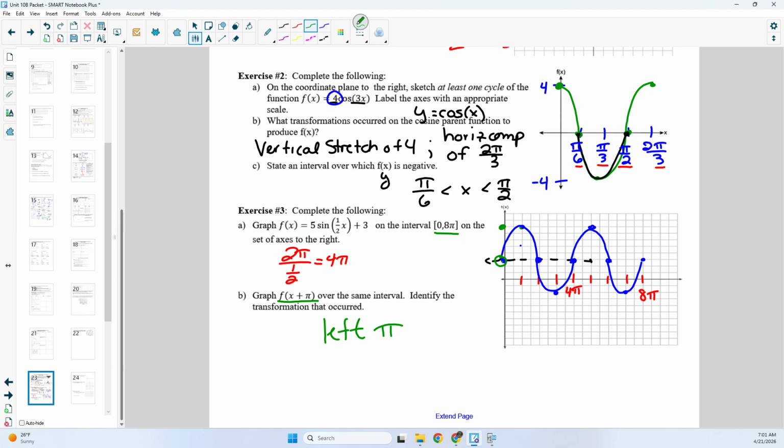So left pi, and I can tell this is pi, right? So 2 spaces is pi, left pi, and left. So I'm just moving them all over left. So I'm going to graph in what I have so far.